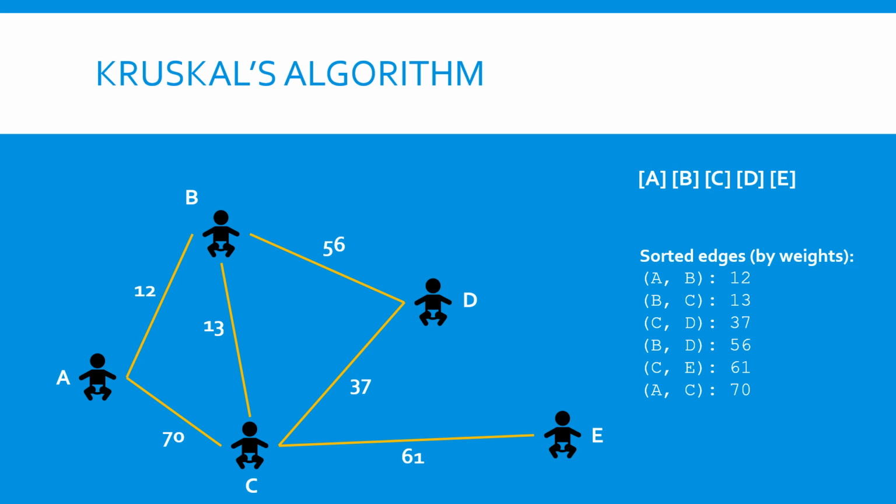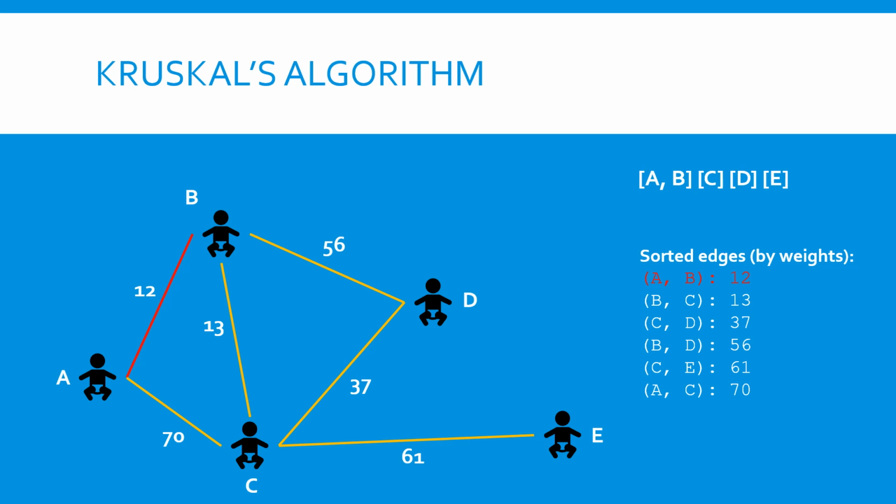From the sorted edges, we see that the cheapest edge is AB. Since A and B are in different sets, we can take the edge. Correspondingly, we will merge the sets that contain A and B, respectively. The next cheapest edge is BC.